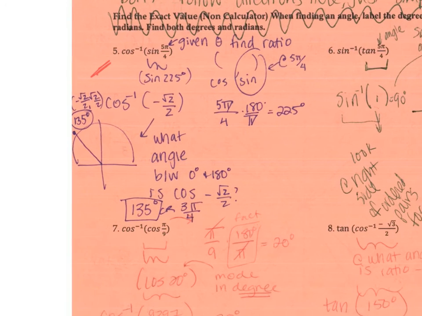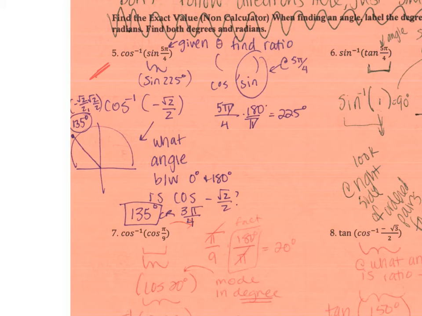Okay, again, I'm going to hop around a little bit. So for number 5, when we look at this problem, we start inside out, right? It's composite. So sine of 5 pi over 4. Okay, well, this is the angle. It's given to us in radians, but it's the same thing as the sine of 225. So you spin around your circle, you look for the right side of the ordered pair at 225 degrees. So that value, that ratio is -√2/2. Now we're working with arc cos of -√2/2.